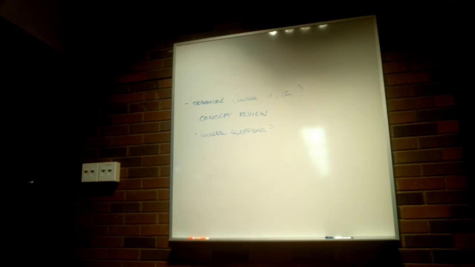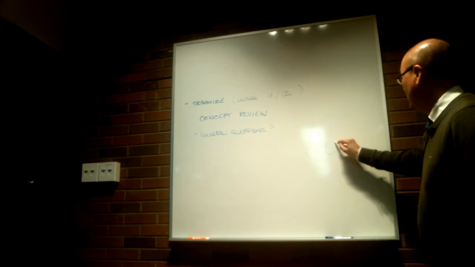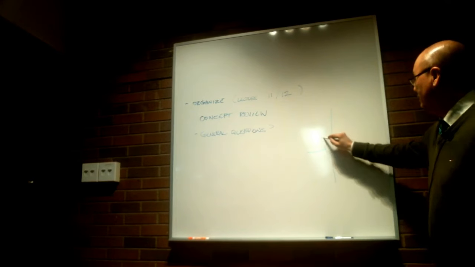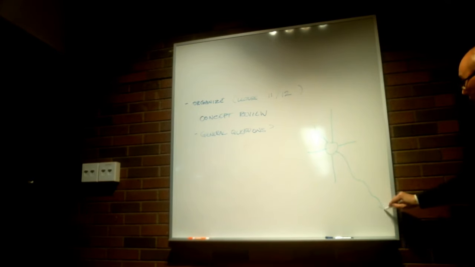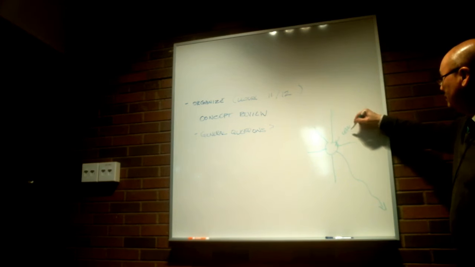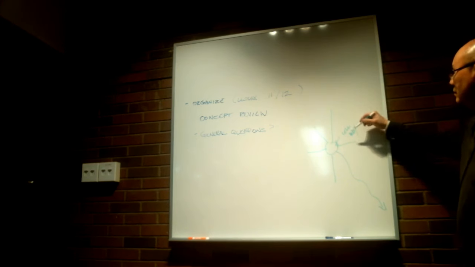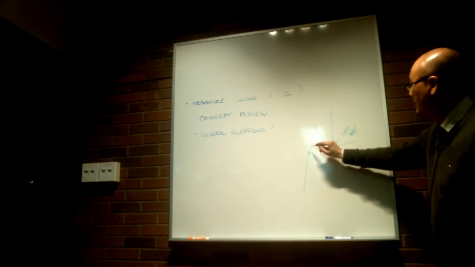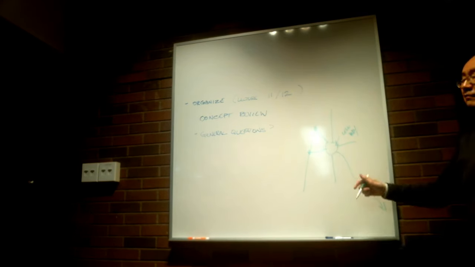Okay. So on any given neuron that we would have here, this would be the axon, this is the cell body, and then we have a number of different synapses that pass by, from a number of neurons.